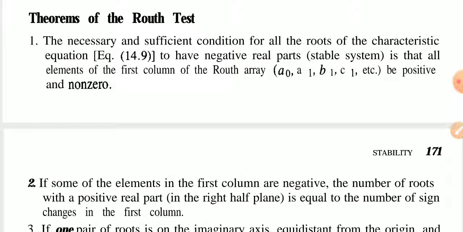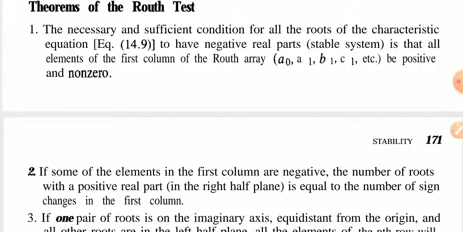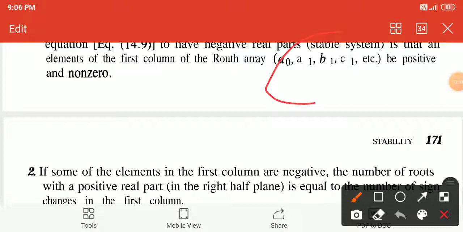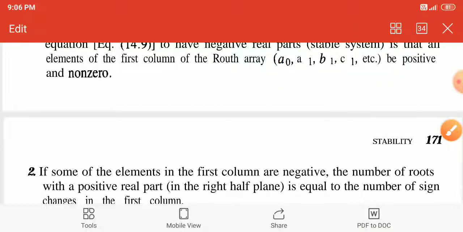Read again. You have to remember this column: a0, a1, b1, c1 are positive and nonzero.